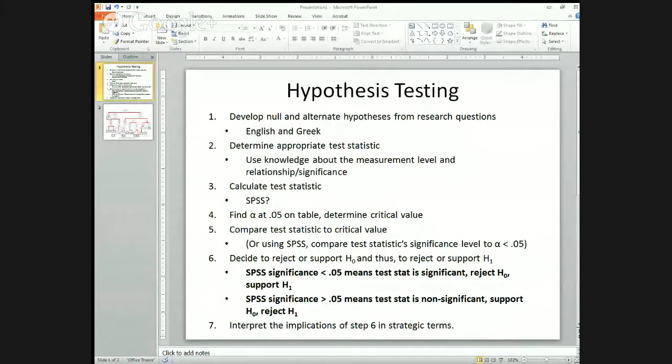We see here a couple of steps for hypothesis testing, and I'm going to go over these right now. The first thing is to develop the null and alternate hypotheses from the research questions. We are typically given, or we create, some general research question about the data that we have.